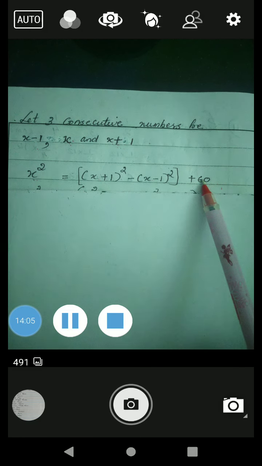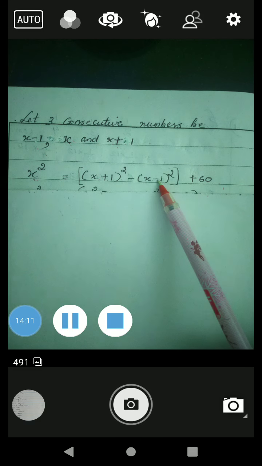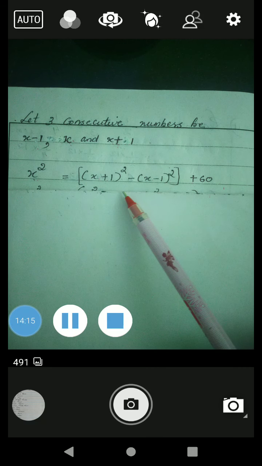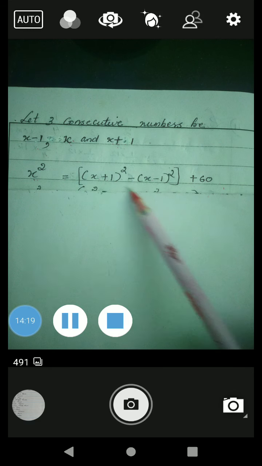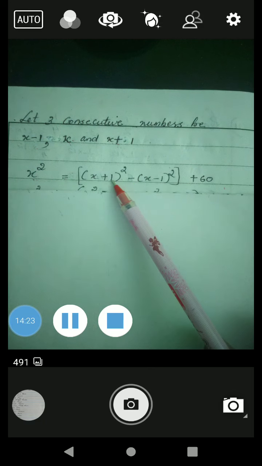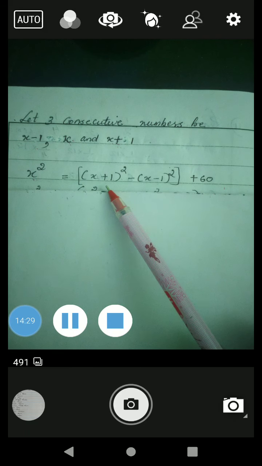Right? Now simplify. We have already studied that a plus b the whole square minus a minus b the whole square is 4ab. In the same way, we can open this bracket. You will get 4ab. Here a is x, b is 1. Therefore 4x into 1.